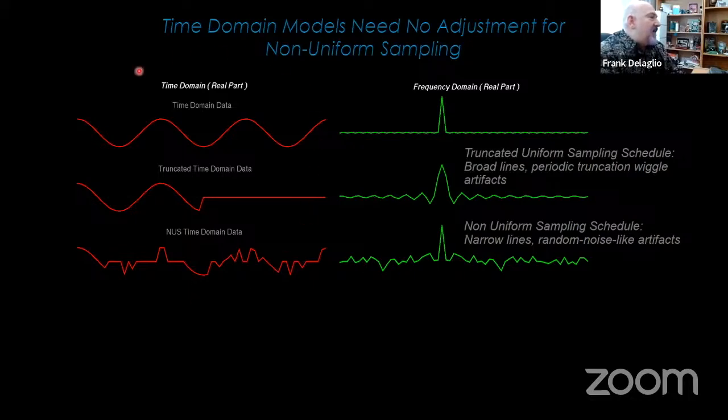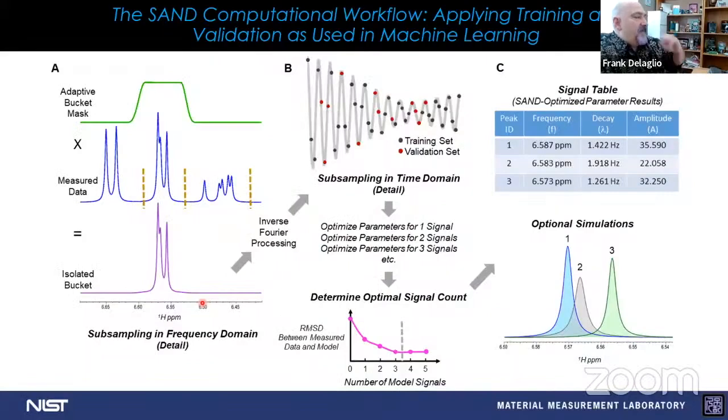So by modeling in the time domain, we can adapt our modeling technologies, whatever method that we use, to be able to analyze non-uniformly sampled data as well. And that's a long-term goal of the work that we're doing.